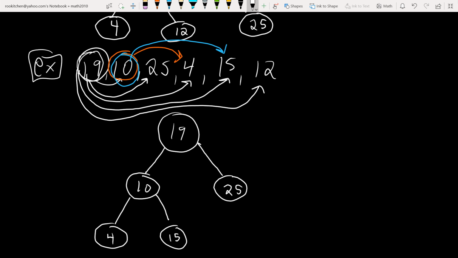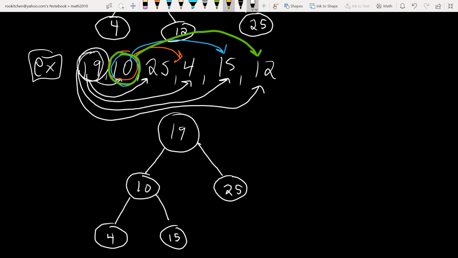Now we're comparing 19 to 12. In this case, 12 is less than 19, so I'm going left. The next comparator becomes 10, which I'll circle in green. I'm comparing 10 to 12. 12 is greater than 10, so I must be going to the right, in which case 15 becomes the next comparator.